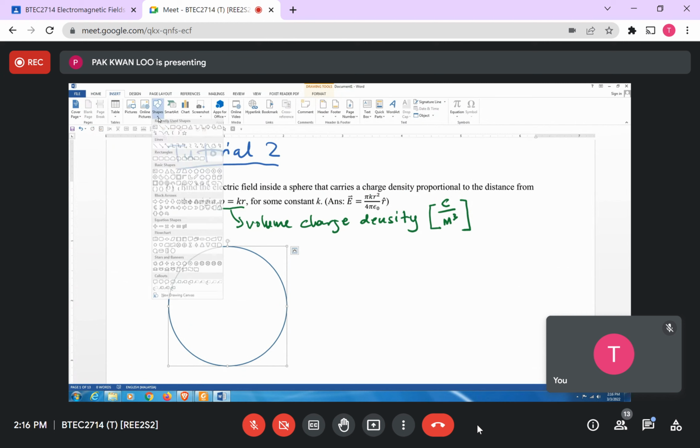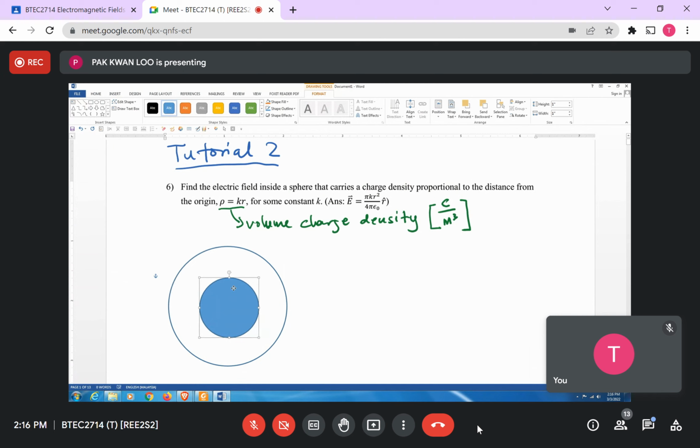Assuming now I will define a Gaussian surface.